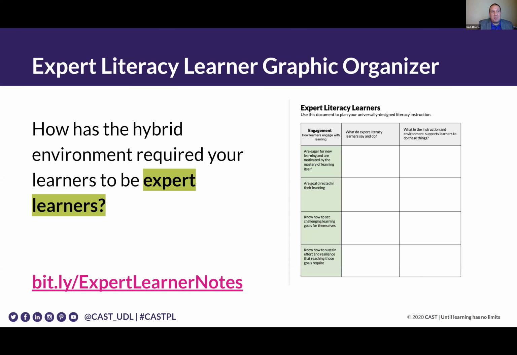We were always there to prompt, to guide, to help them process, to give probing questions and break down larger tasks. But now, in this new environment, our learners have to be expert learners. So feel free to dive in, take a look at those descriptors, and think about how your environment has required your learners to do that.